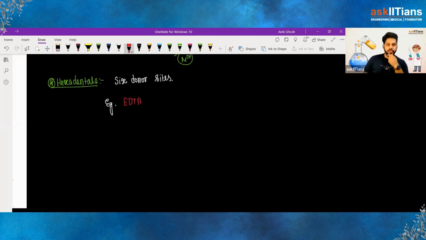In analytical chemistry, guys, that is something that we learn in masters. That means when we are trying to figure out the amount of a particular ion present in a compound, that's called analytical chemistry. Why do we need it? Let's say I am having a paint company. I want to understand what is the composition of this paint. Let's say I own Berger Paints. What's the composition of a paint produced by Asian Paints? Let's say I want to make a competitive product, like what Asian Paints have recently launched in the market.